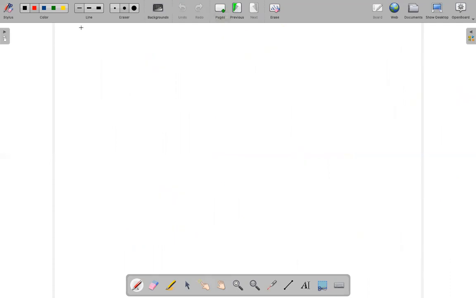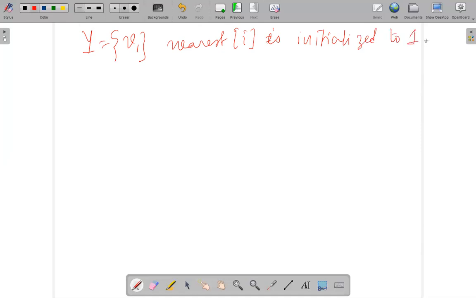So if we assume that Y is v1, then nearest I is initialized to 1.